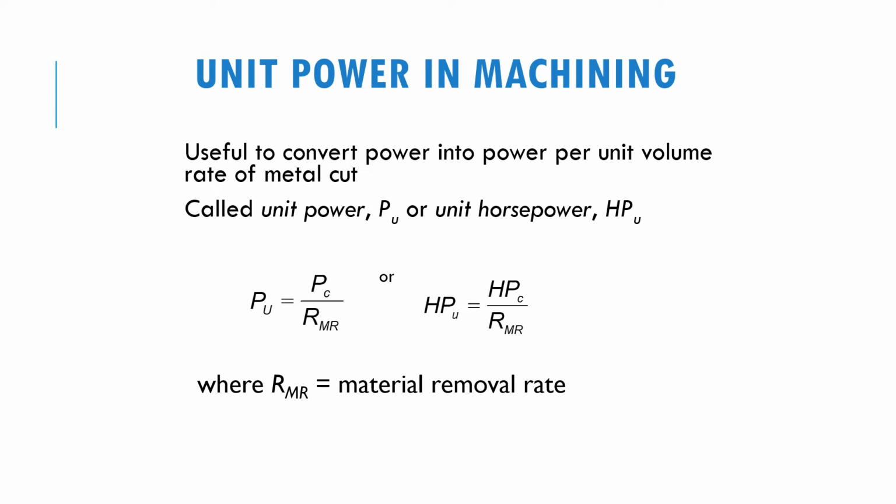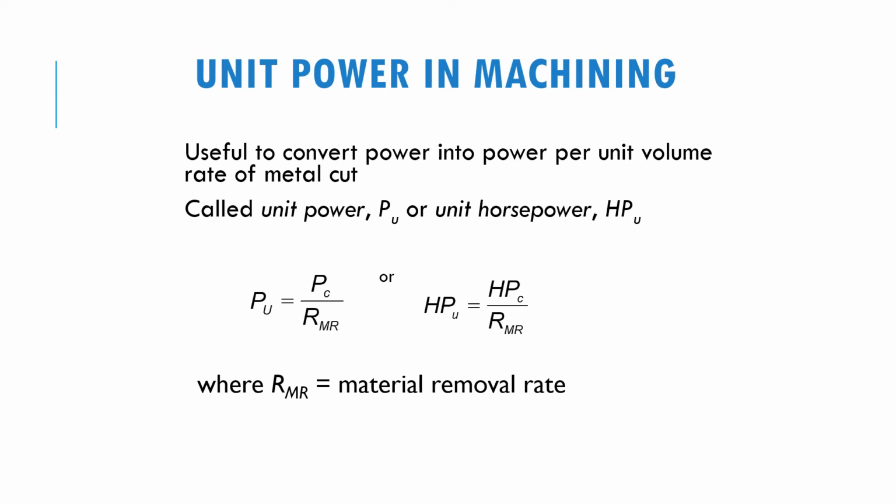Apart from that, it is also very useful to convert power into power per unit volume rate. So we call it unit power PU or unit horsepower HPU. How do you calculate the PU? PU is equal to PC divided by the material removal rate. It's the same for the HPU also.